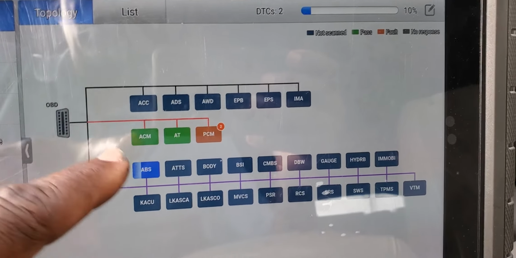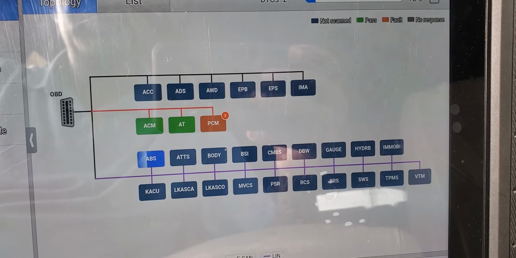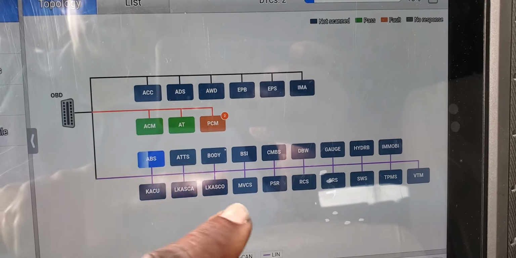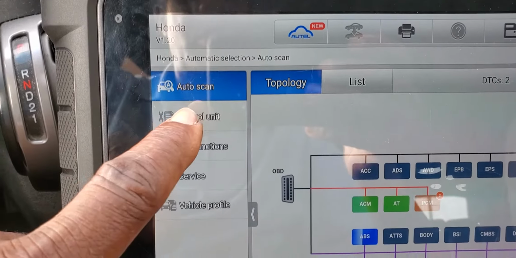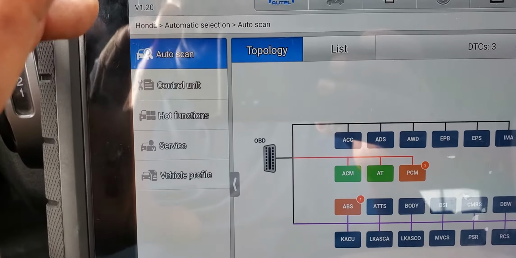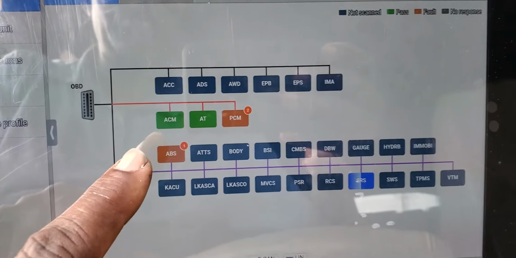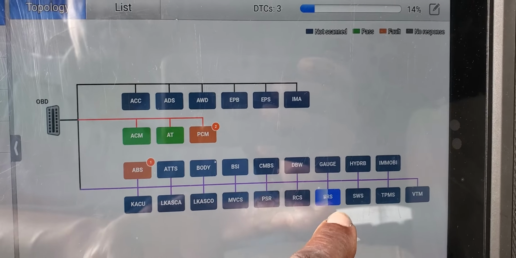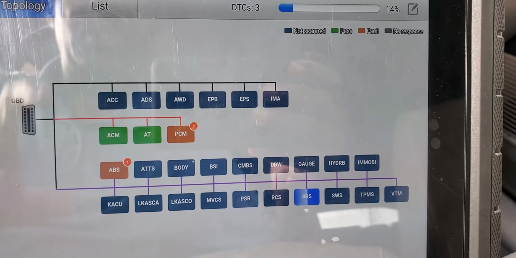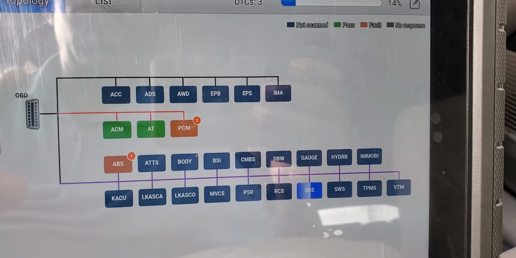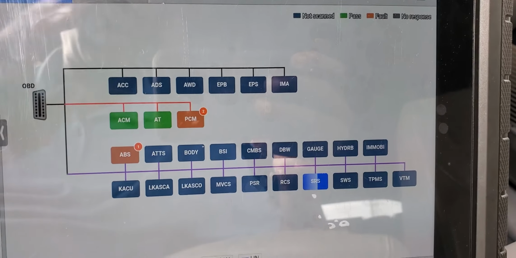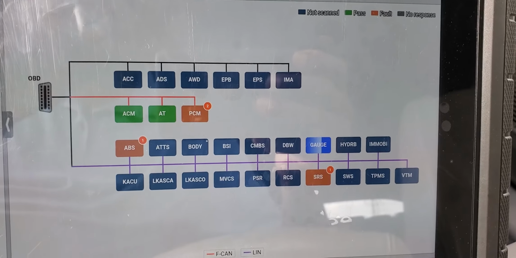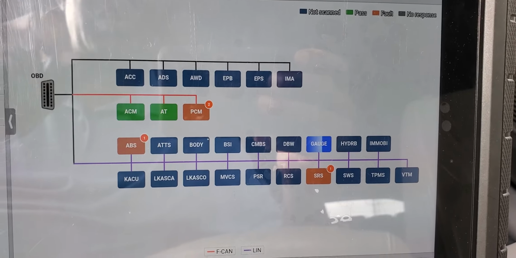Right now, we're looking for the ABS. You can do it this way, or you can do it by control unit, written as letters or numbers. You see here, ABS has a problem. You go to the airbag right away. It goes by priority. ABS and airbag have priority to talk to each other. Why?